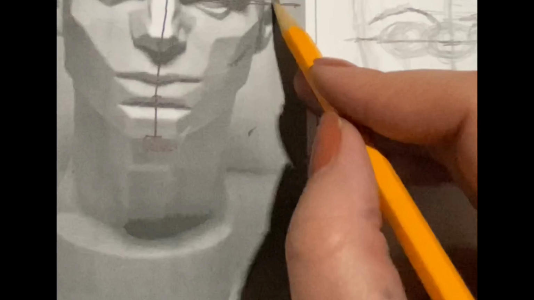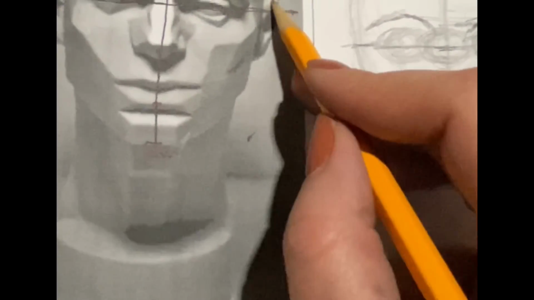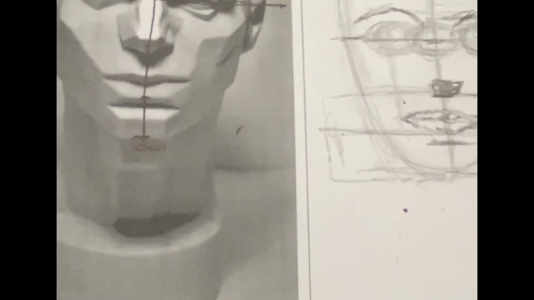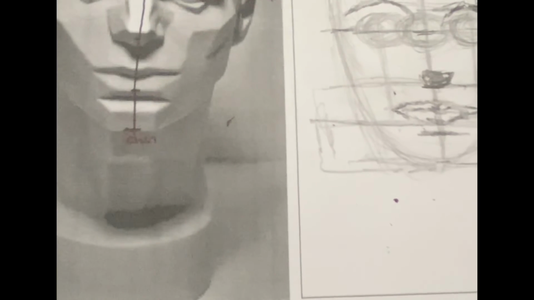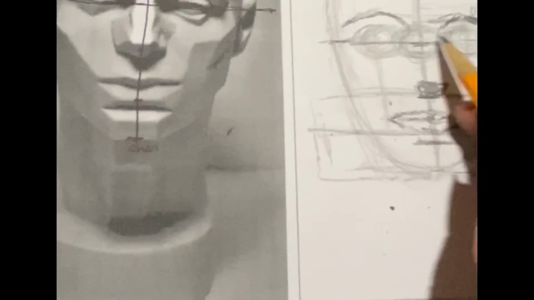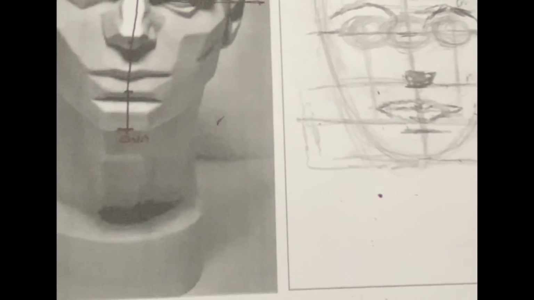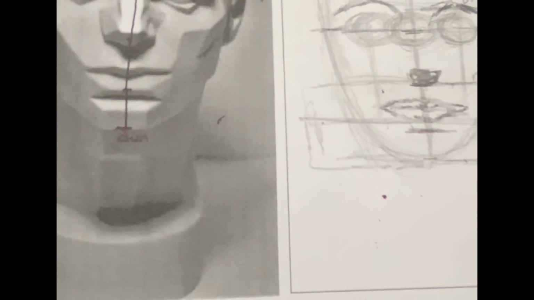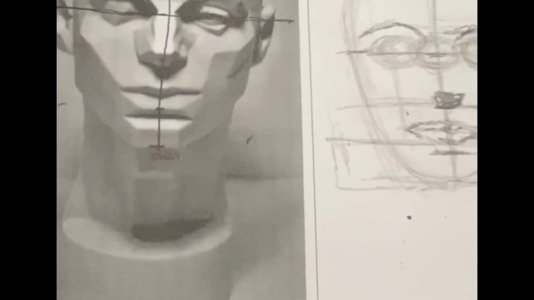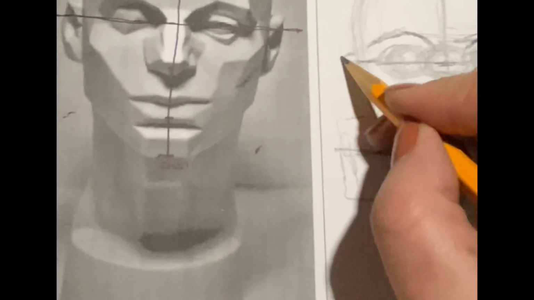You see just kind of this mound of flesh, the tip of the ears right there. That goes a little bit above the eyes. So I put that line there, eyes going across the face. And then it looks like it ends kind of by the nose, a little bit above the nose. So a little bit of flesh above the eyes.